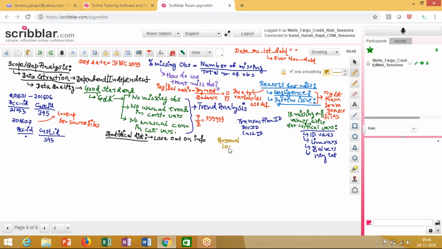EMIs stand for equated monthly installments.